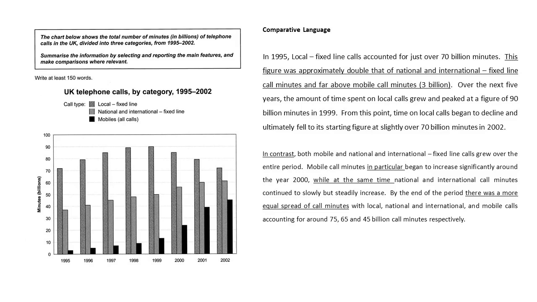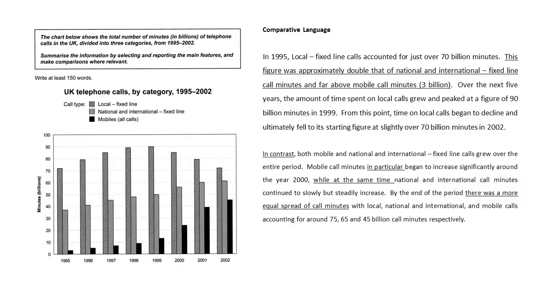Any other comparative language here? Mobile call minutes in particular, specifically, in other words, compared to the others. So that's comparative language. The expression at the same time, so both of them, okay? I'm talking about 2 together. I'm not talking about the data separately. By the end, there was a more equal spread, putting them all together.